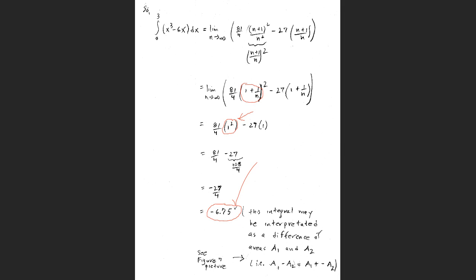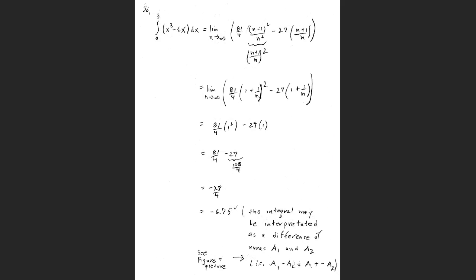So we can compute definite integrals by taking limits of Riemann sums and going through all the steps, just like we did on this page here, and then on the next page.